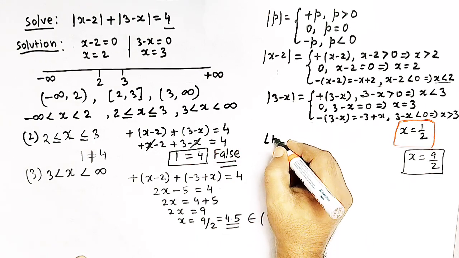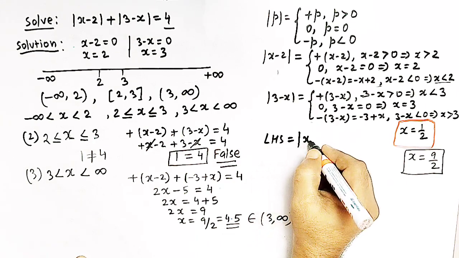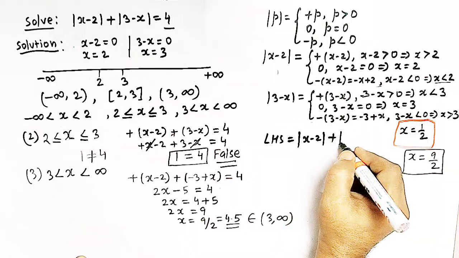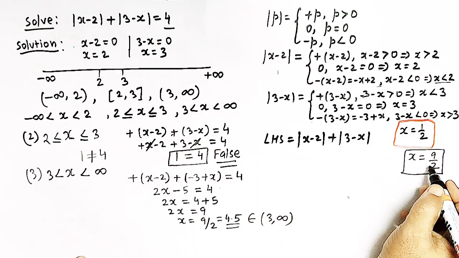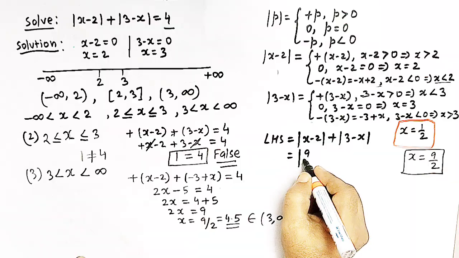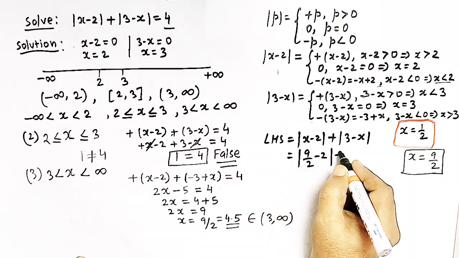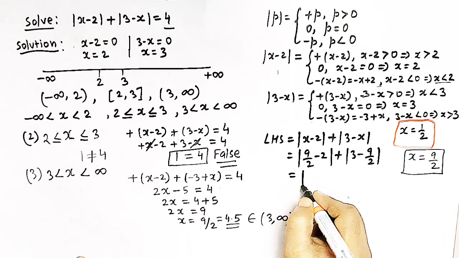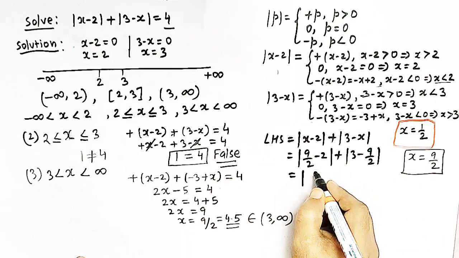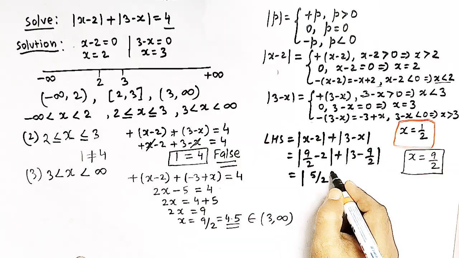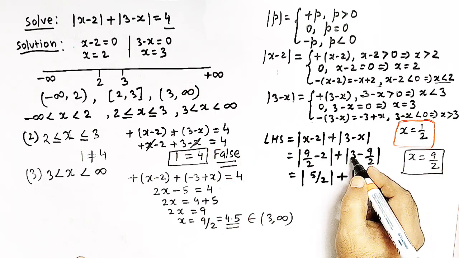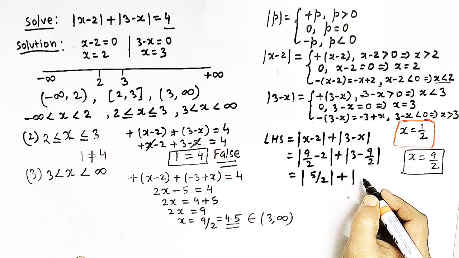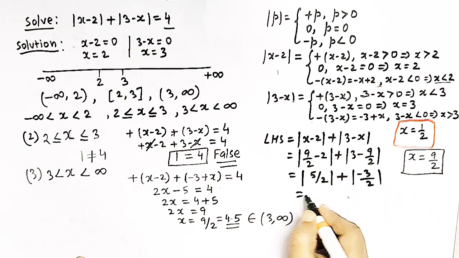So the left hand side is mod of x minus 2 plus mod of 3 minus x, taking x is equal to 9 over 2, and here we have 3 minus 9 over 2. So here we have 4, 9 minus 4 is 5, so we have 5 over 2, and here we have 6. 6 minus 9 is minus 3 over 2, and mod 5 by 2 is 5 by 2.